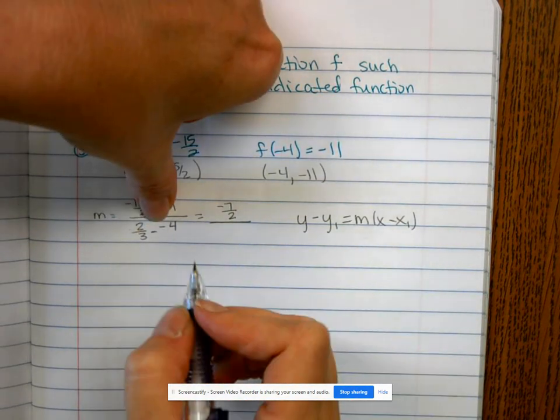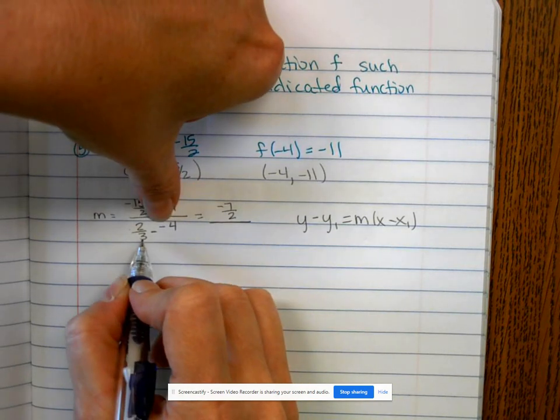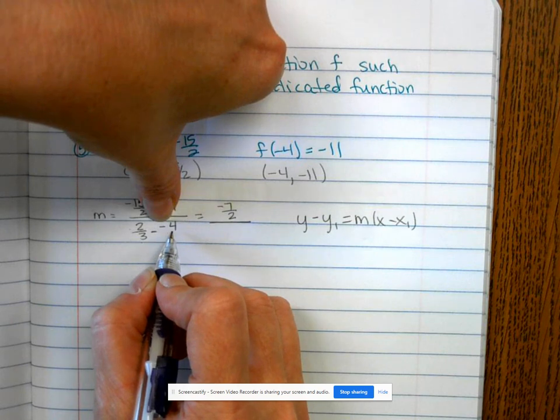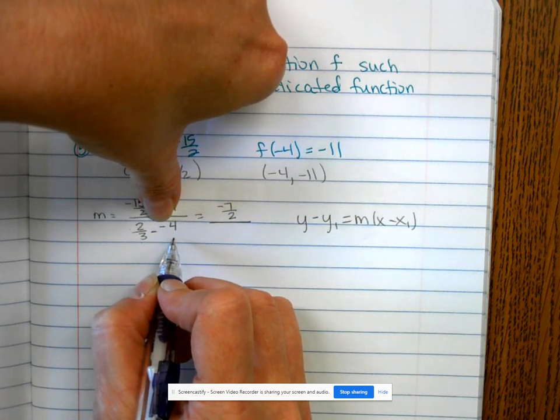For the denominator, this is going to be 2/3 plus 4, or 2/3 plus 12/3, so 14/3.